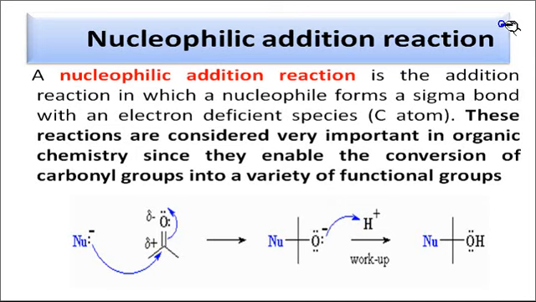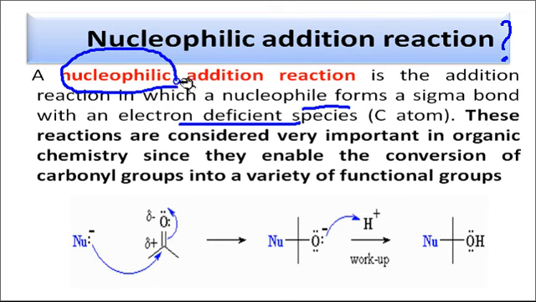So first of all, what are the nucleophilic addition reactions? A nucleophilic addition reaction is the addition reaction in which a nucleophile forms a sigma bond with the electron deficient species. That means these are the reactions in which the attacking species is the nucleophile.